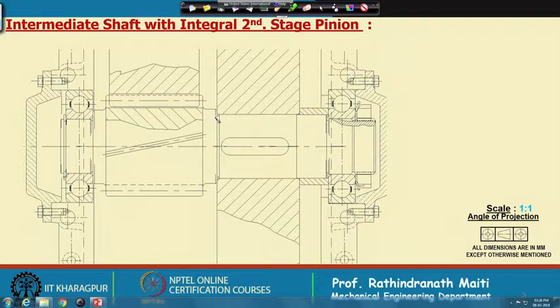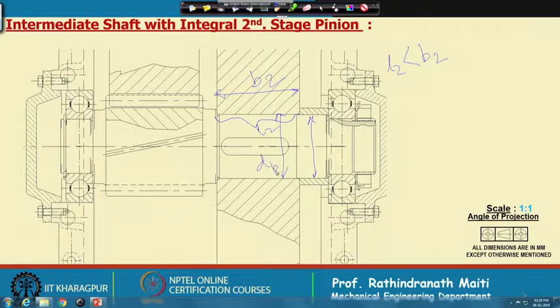step on the shaft is less than this. Suppose this is B 2. So, this will be say L 2. So, it will be L 2 is less than B 2. That means, here it is a step down, maybe just by 1 millimeter from here. Okay.